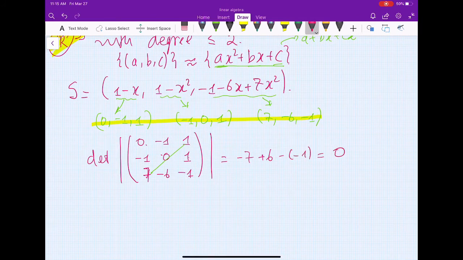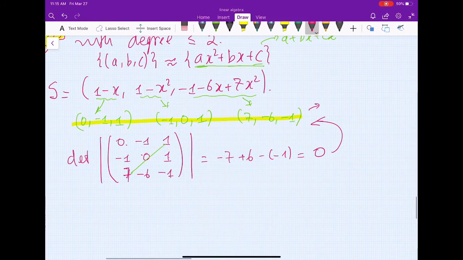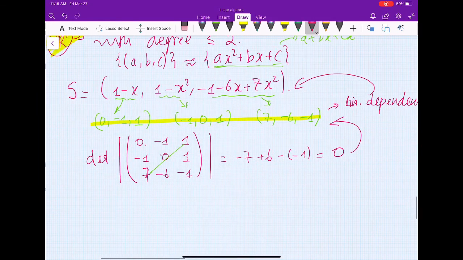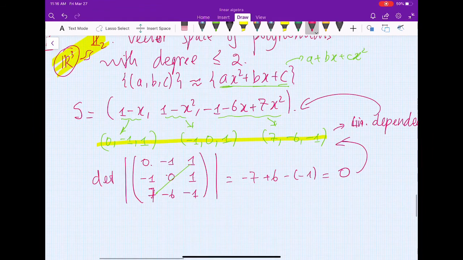So basically I get 0. So from here, these vectors are linearly dependent, and so these polynomials are also linearly dependent. They will not span the whole space P2.